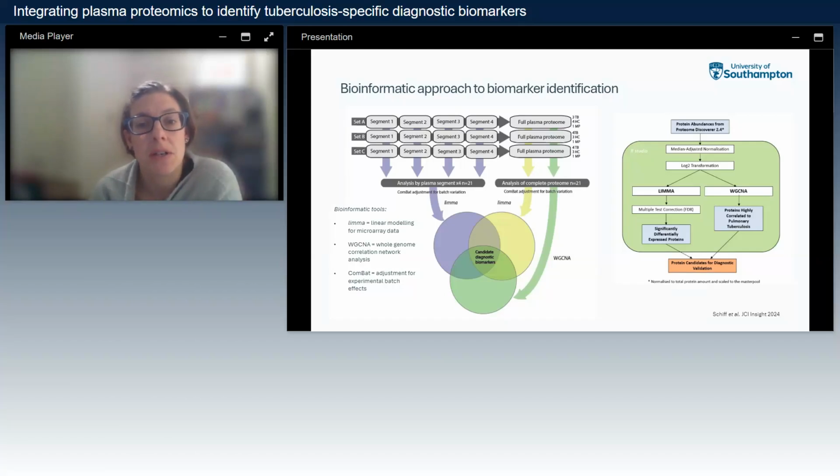I also used WGCNA, weighted gene correlation network analysis, a systems biology technique adapted from genomic data analysis to proteomic data analysis to identify clusters of co-related proteins that correlated with the condition of having TB compared to controls. Proteins that came through all three diagnostic pipelines, in the middle of this Venn diagram, were then taken forward as candidate diagnostic biomarkers. That's also summarised in the flowchart on the right-hand side.